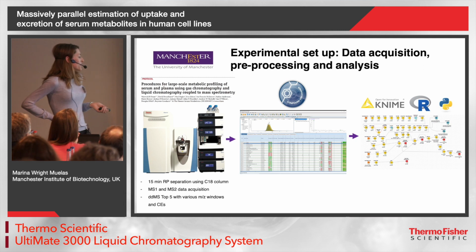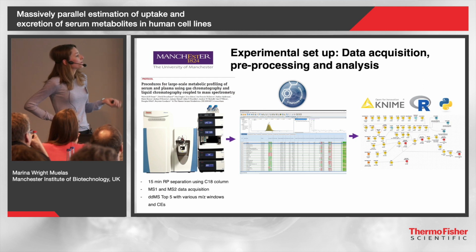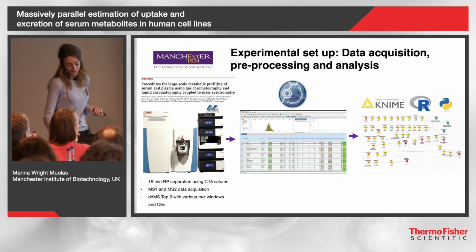We're doing MS1 and MS2 data acquisition in a data-dependent manner, using the top 5 and various mass-to-charge windows. We're doing all the pre-processing in Compound Discoverer, and then the data analysis and visualization. We're using various R scripts and Python within that.